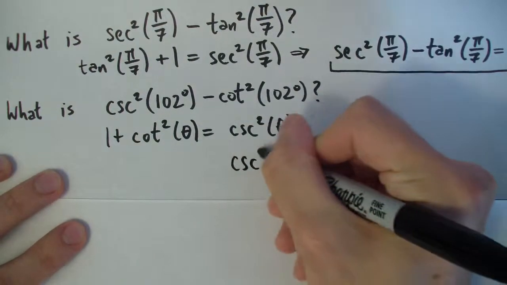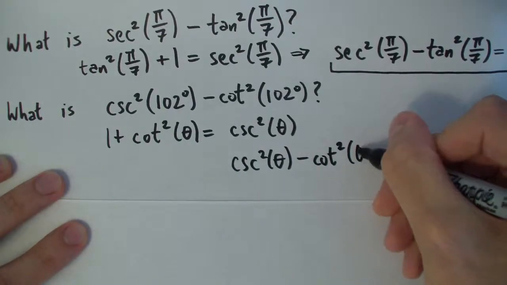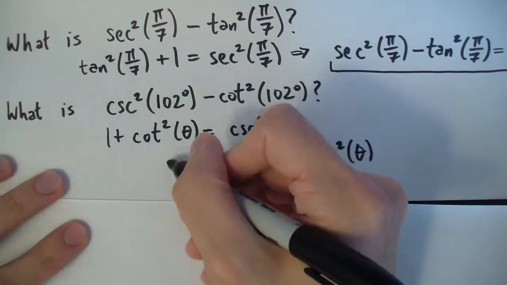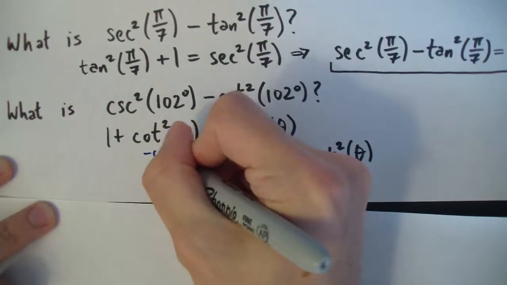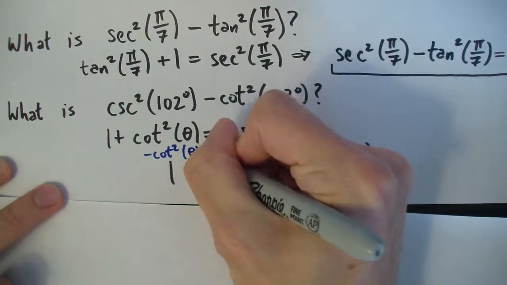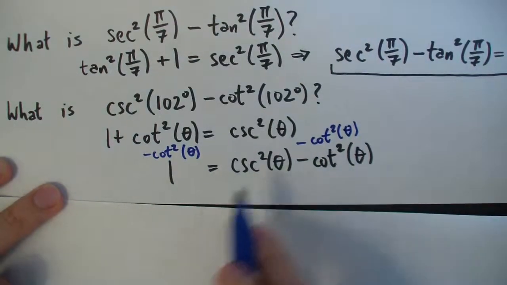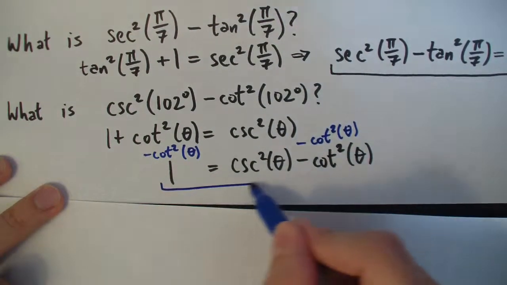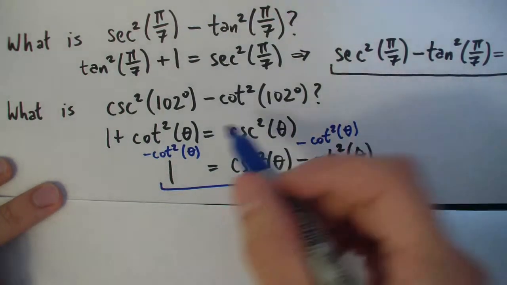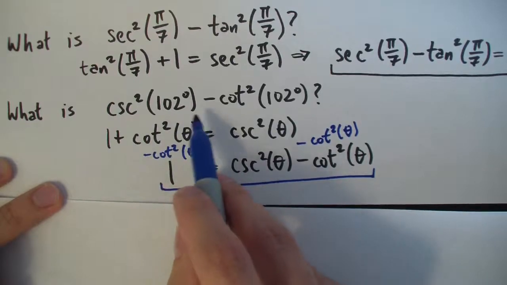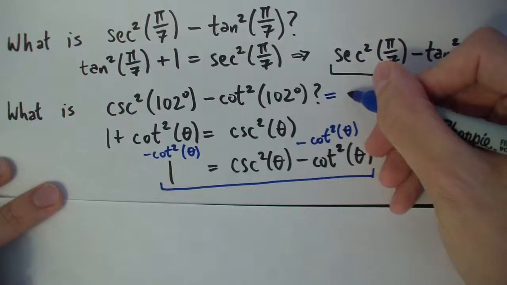We find that cosecant squared of theta minus cotangent squared of theta is equal to 1. Again, all we did was subtract cotangent squared of theta from both sides of the equation. So this would be another equivalent version of our Pythagorean identity for cosecant and cotangent. So in this case, cosecant squared of 102 degrees minus cotangent squared of 102 degrees would just be equal to 1.